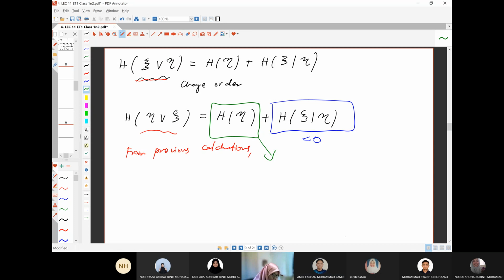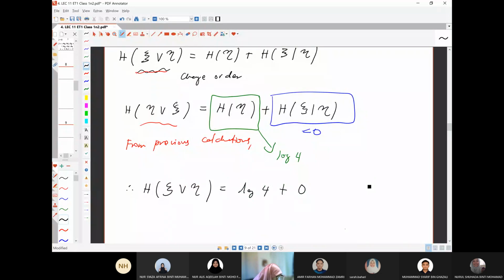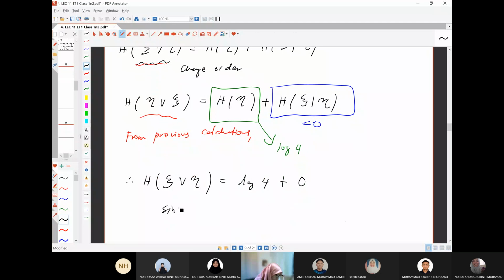Log 4, correct. So this one you got log 4. So what does it mean? Trivial, yes, trivial. But for the case of the join, psi join with eta is equal to log 4 plus 0. Right? Since psi is less than or equal to eta, this gives you, if and only if, psi join with eta is equal to eta.